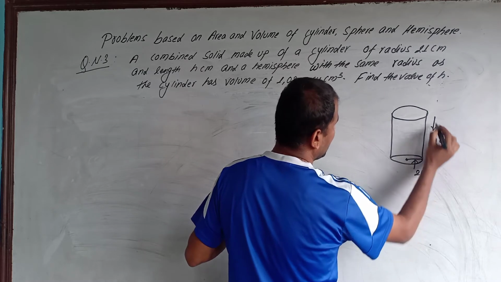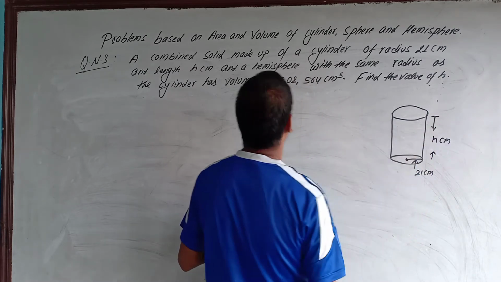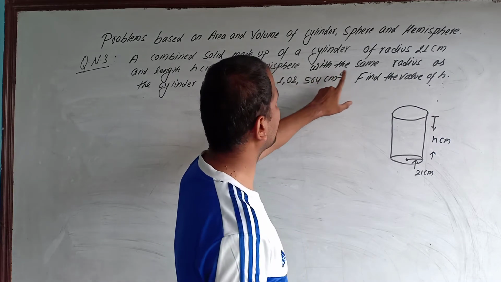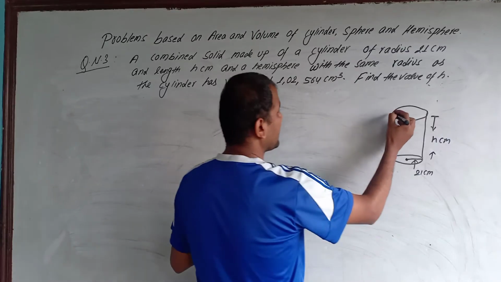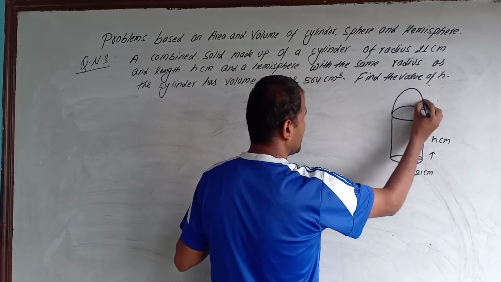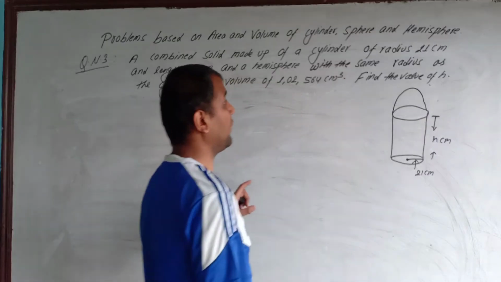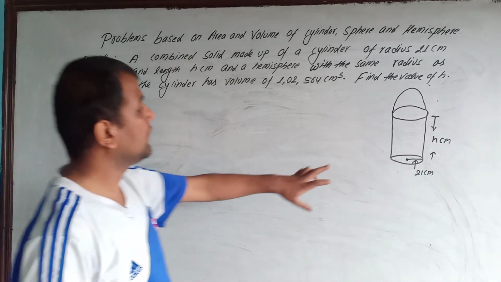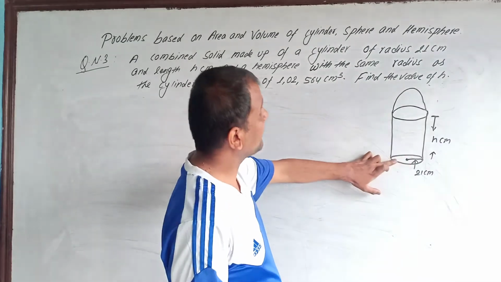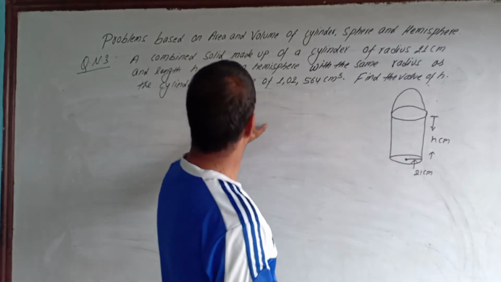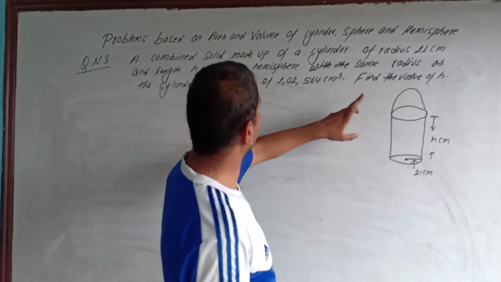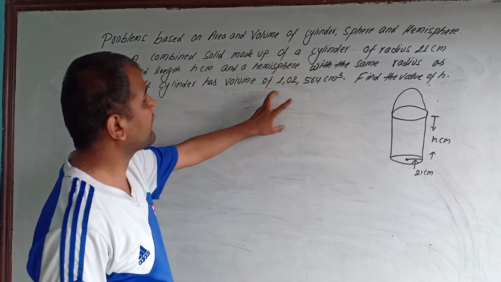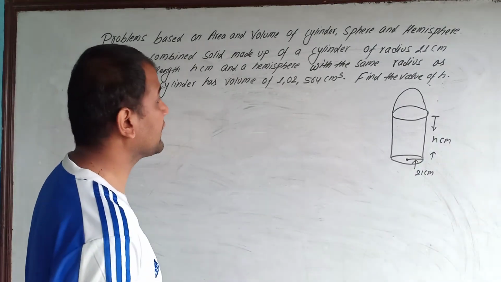And the hemisphere with the same radius is at one end of the cylinder. We must find the value of H.